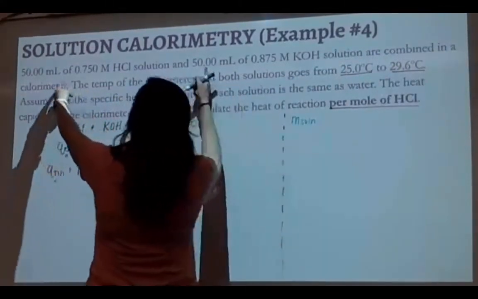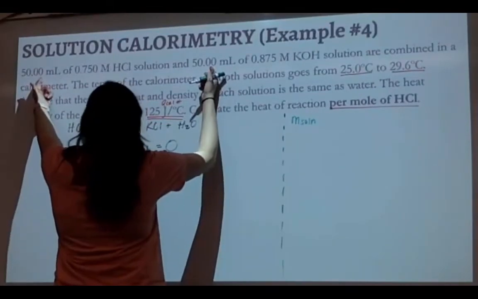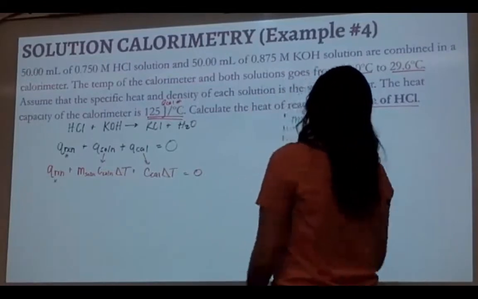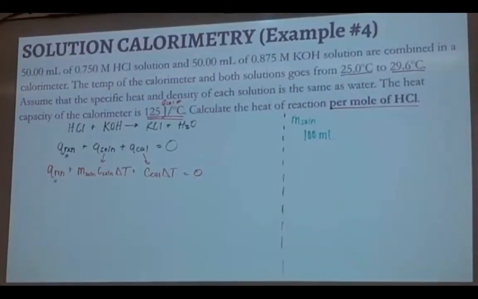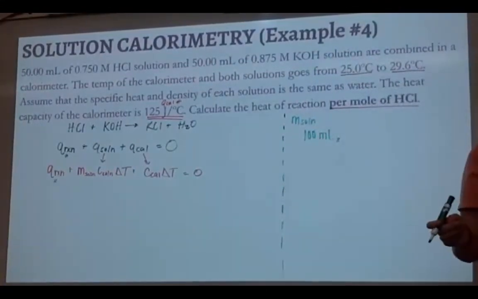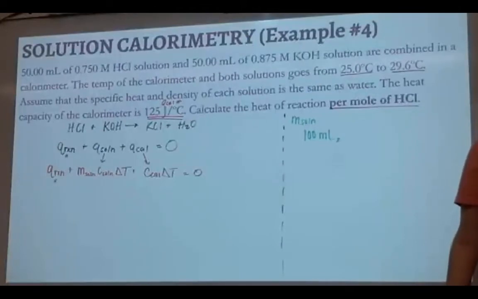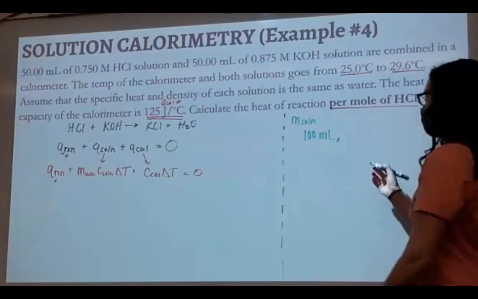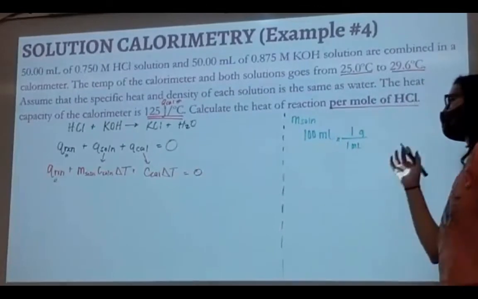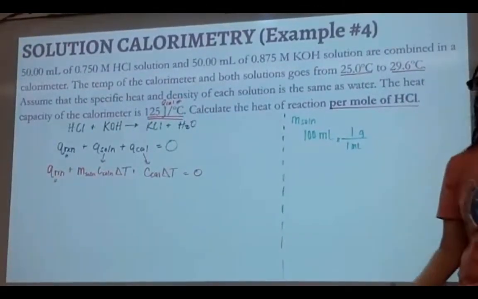What's the total volume when the two solutions are mixed together? 100 milliliters. Now they give us the density so that we can go to grams. It tells you in here the density is 1. Some people will just look and say, okay, 100 milliliters, 100 grams. Here's how we would actually solve it.